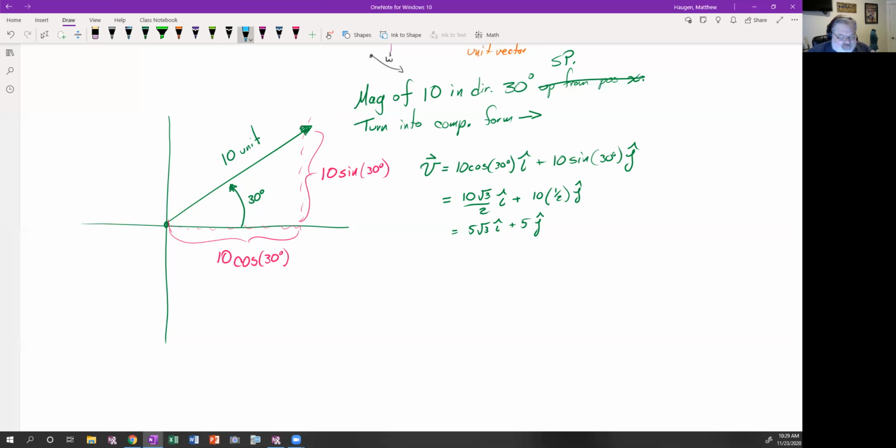it can be a little bit more difficult at first to do that if we're not given the angle in standard position.